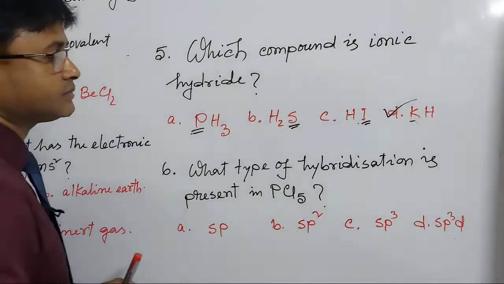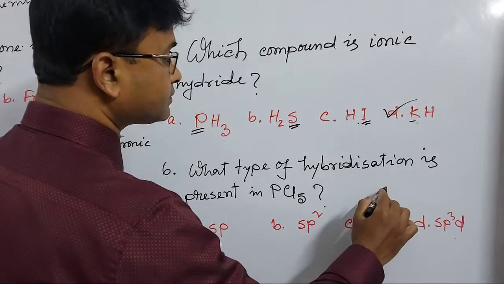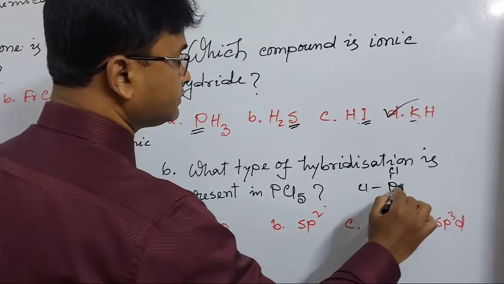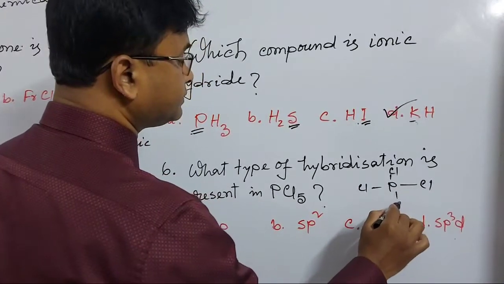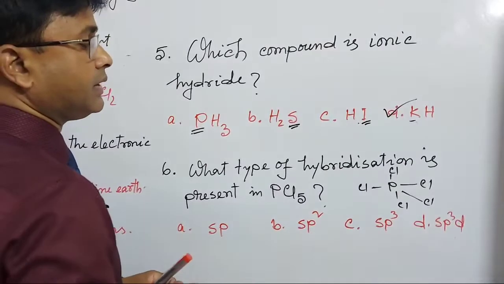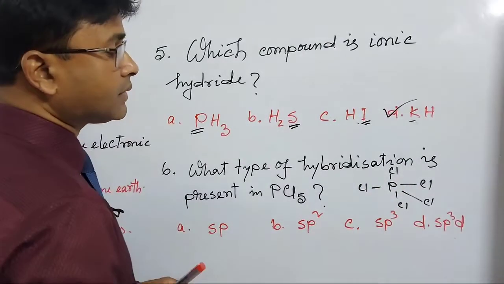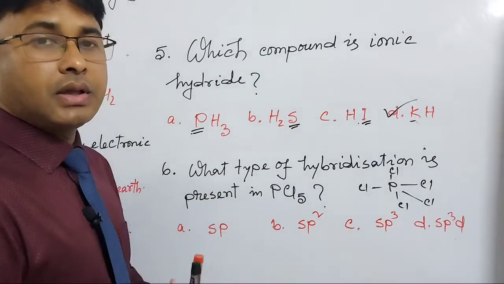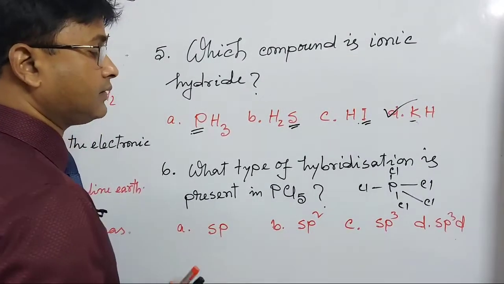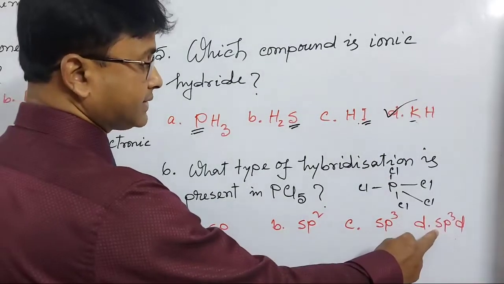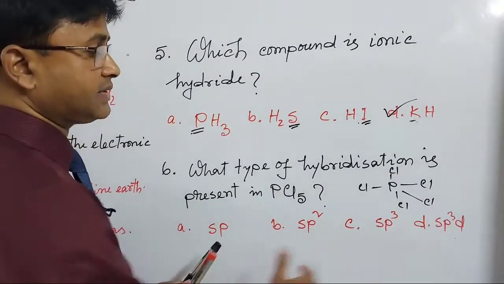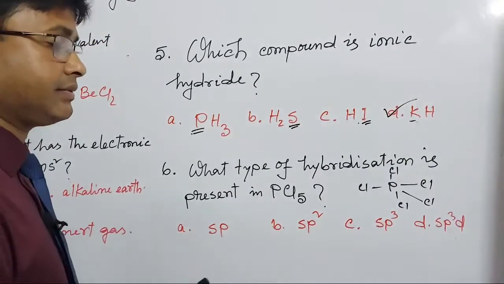Students, if I show you the structural formula of phosphorus pentachloride, you can see that there are 5 sigma bonds, so 5 hybridized orbitals are needed here. 1 s orbital, 3 p orbitals and 1 d orbital are mixed together to form sp3d hybridized orbitals.